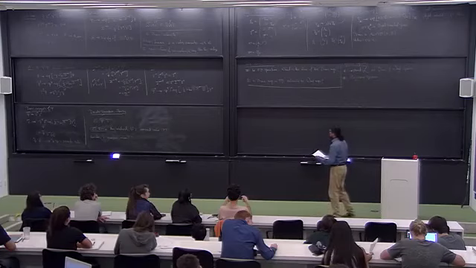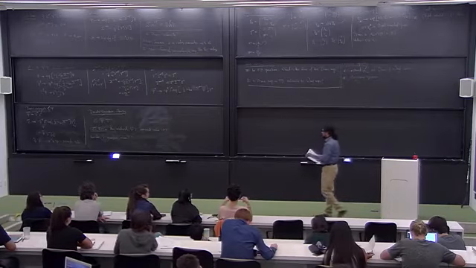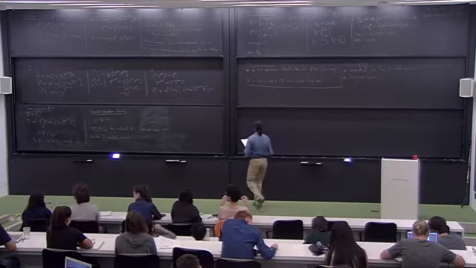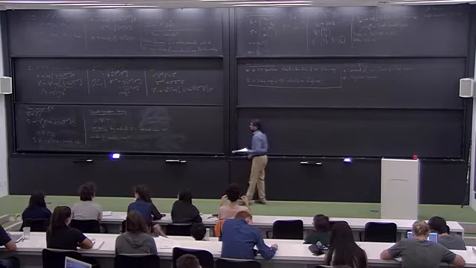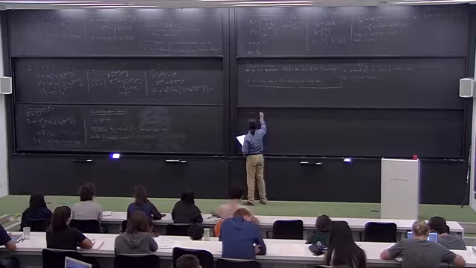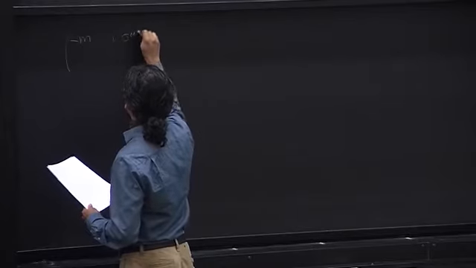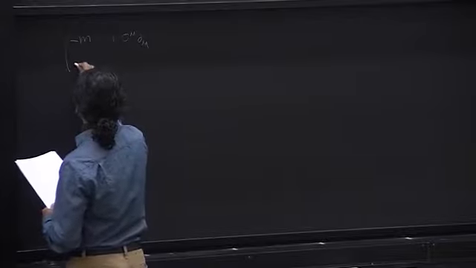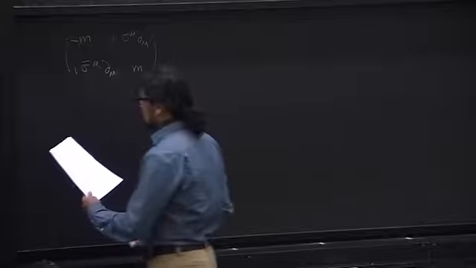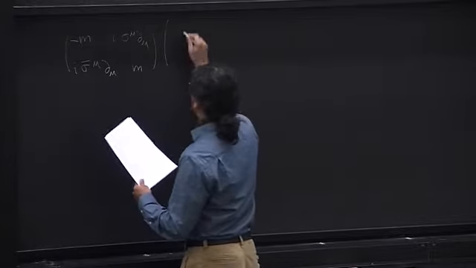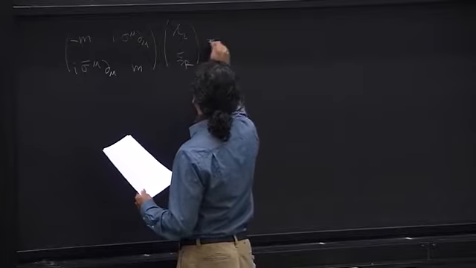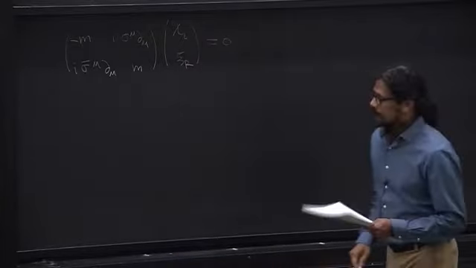So to do this, we do a kind of quantum mechanical analysis of the Dirac equation. If I write the Dirac equation in the Weyl basis, then it looks like this. This is the Dirac operator, acting on a Dirac spinor, but I'm expressing everything in the Weyl basis.